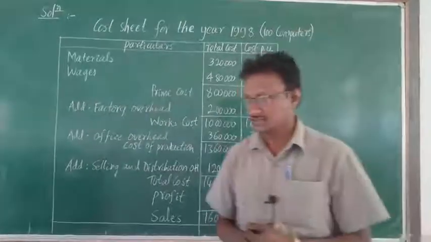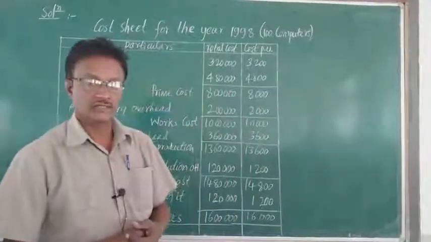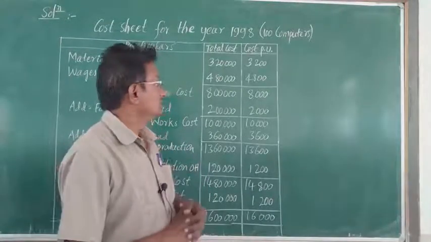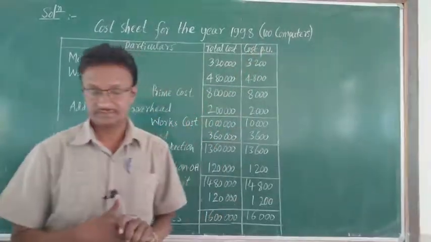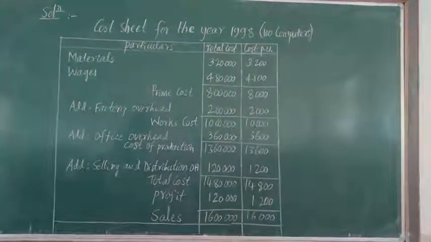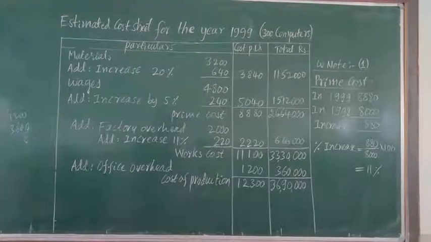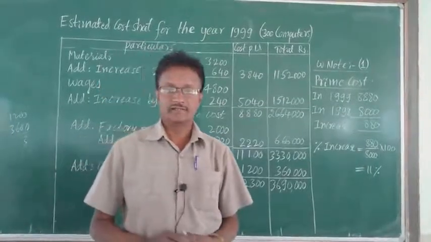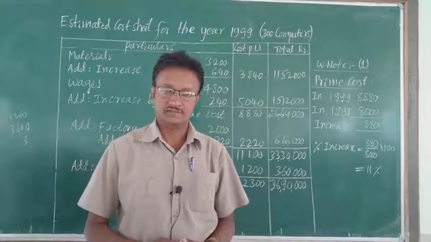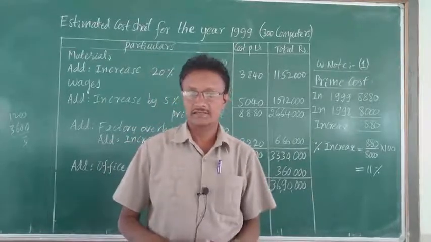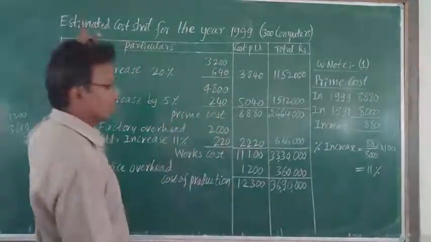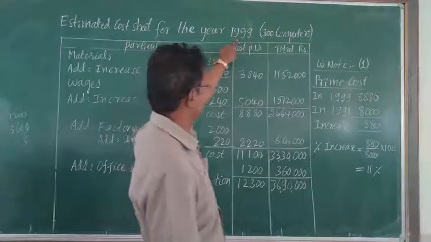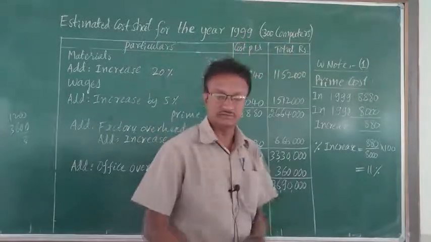So by taking these information into consideration, we have to prepare the estimated cost sheet for 300 computers. Give the heading: estimated cost sheet for the year 1999 for 300 computers.